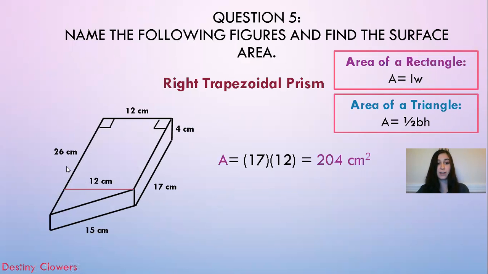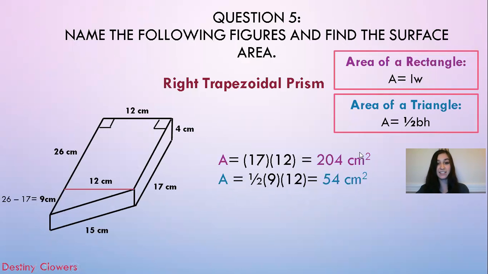So we can just subtract 17 from 26, which gives us 9 centimeters. So this little part right here is going to be our base for the triangle. So we're going to multiply 1/2 times 9 for our base times 12 for our height. And when we do that, we get 54 centimeters squared.